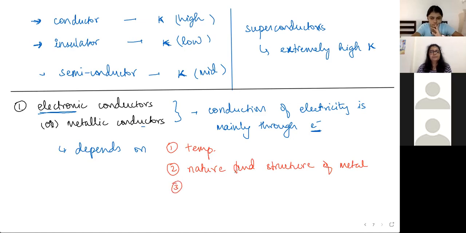Then number 3, what else does it depend on? Metals conduct through electrons, right? Where are electrons coming from? Valence electrons. So valency. It depends on the number of valence electrons in each atom.